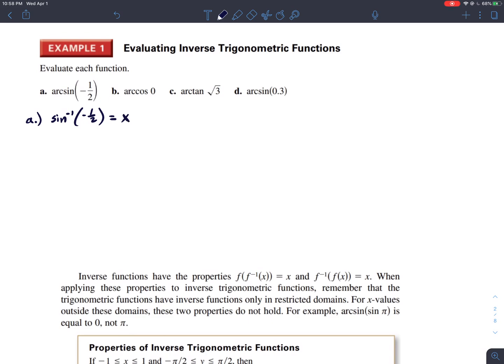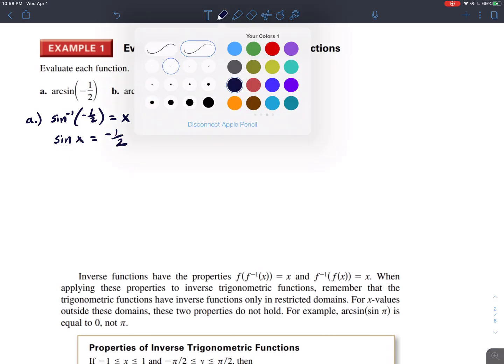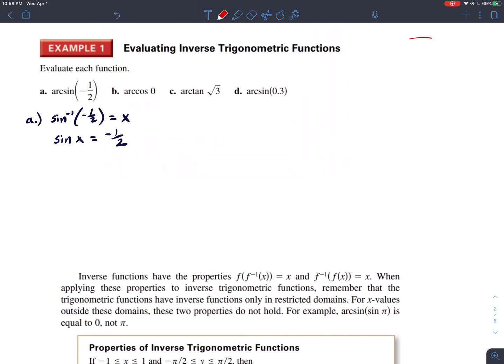If inverse sine of negative 1/2 equals x, well then that means that the original sine of x must equal negative 1/2. And then we're basically asking the question: what does x need to be to plug into sine in order to get negative 1/2? This is where your unit circle review might be helpful.